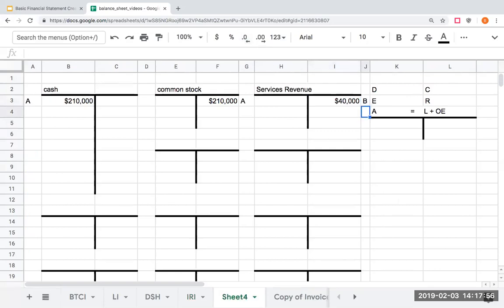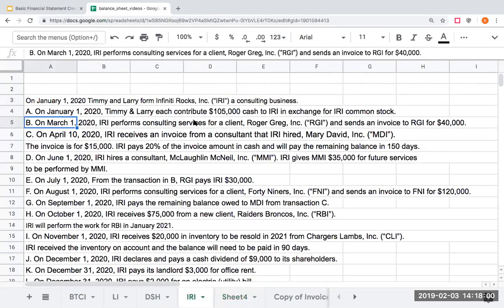Now, as we note here in this transaction, I performed services and I sent an invoice. What that means is I have not yet been paid in cash, but what we saw from the other videos is that an invoice shows that I've actually done the work and performed the consulting services, so I'm sending them an invoice.